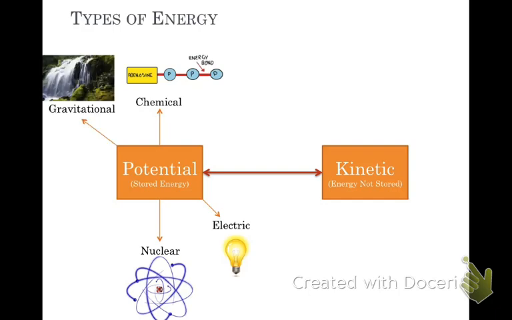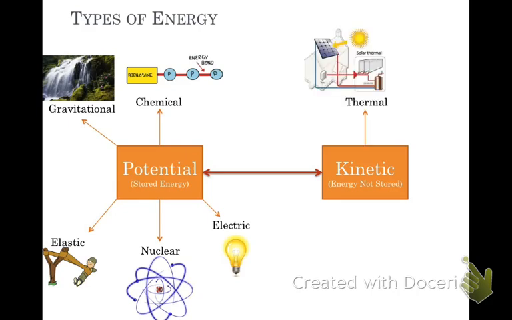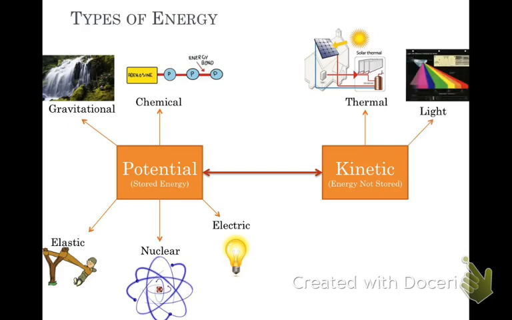And in physics, you'll see gravitational and elastic energy. For kinetic energy, we'll take a look at thermal energy, and we've seen that. We know that temperature is a measure of average kinetic energy, and we'll also talk about heat and how heat and temperature are different. We've seen light energy, so when we've exposed certain chemicals to a flame, we know that they produce a colored light.